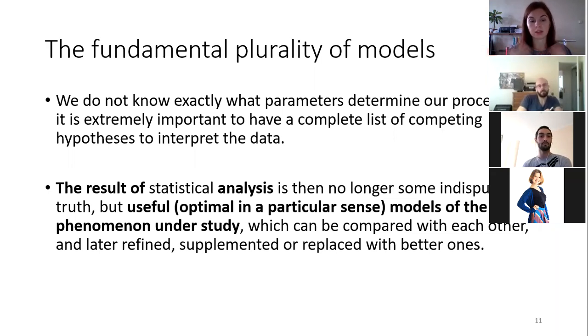In a scientific approach, you should check your hypothesis and make some conclusion about this. The result of statistical analysis is then no longer some indisputable truth, but useful, in some cases optimal, models of the phenomenon under study, which can be compared with each other and later defined, supplemented, or replaced with better ones.